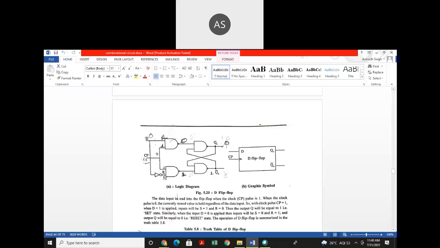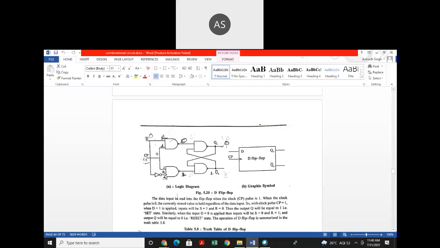So in this flip-flop, if we give 1, S input gets 1 while R input gets 0.